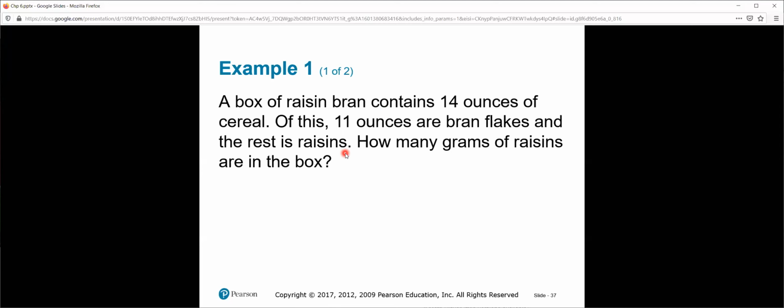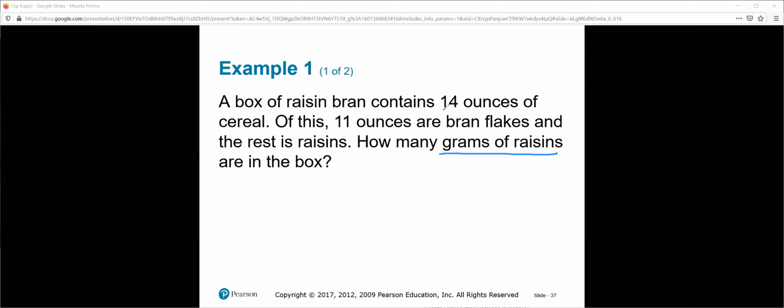Cool. A box of Raisin Bran contains 14 ounces of cereal. Of this, 11 ounces are bran flakes and the rest are raisins. How many grams of raisins are in the box? All right, so what is the question asking me? The question is asking me how many grams of raisins are in the box. What does the question give me?